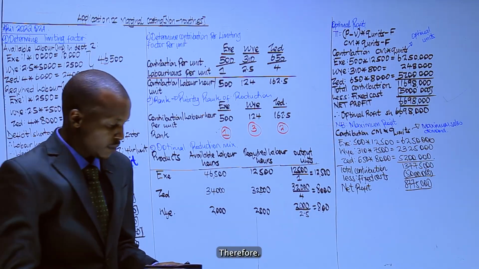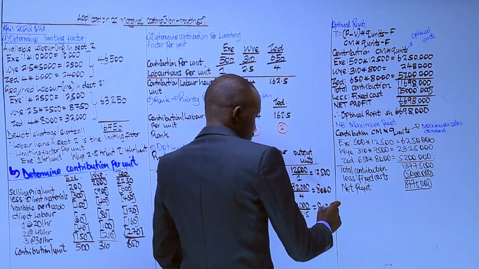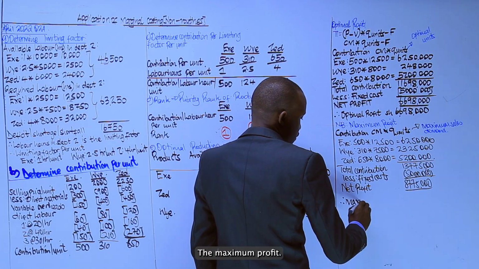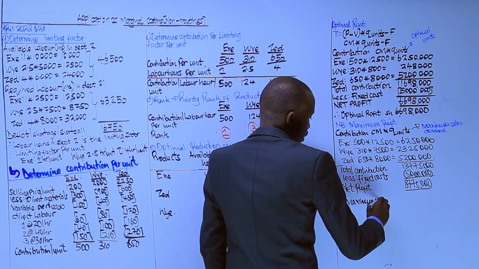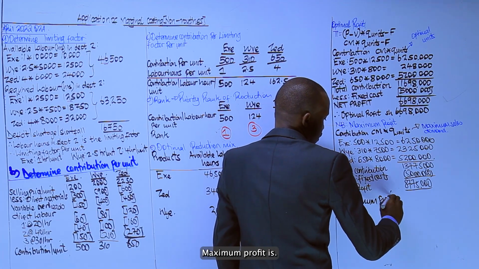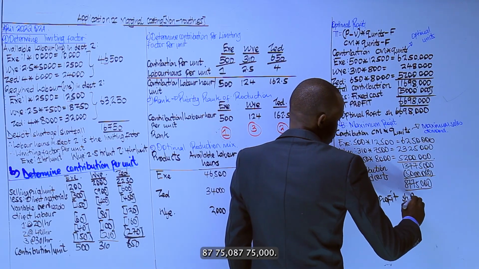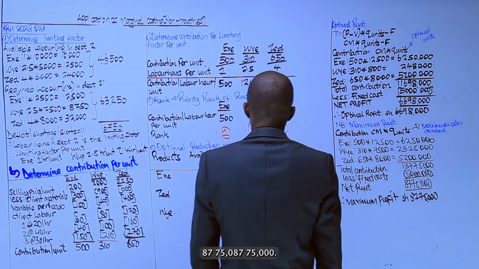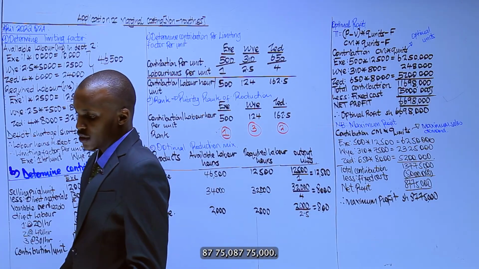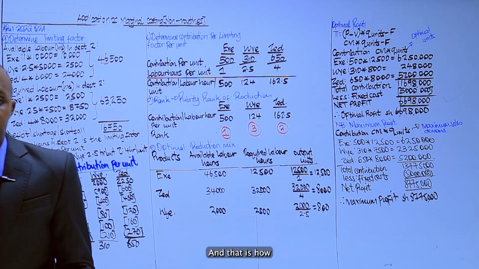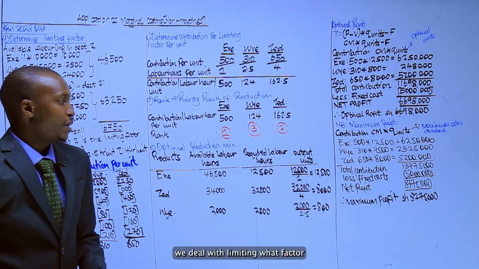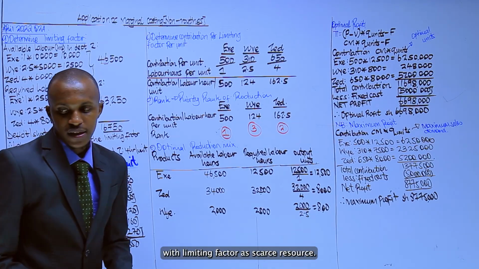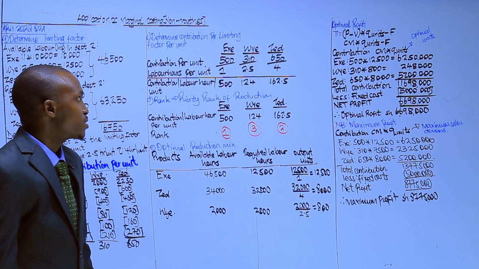Therefore, the maximum profit is 8,775,000. And that is how we deal with limiting factor, a scarce resource.